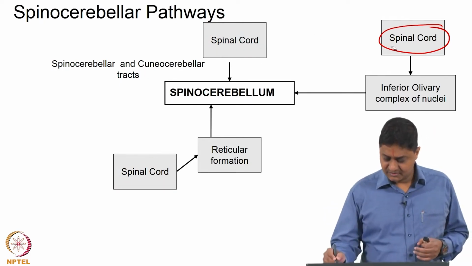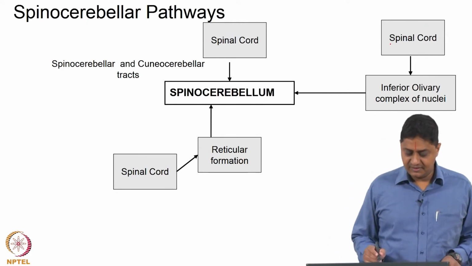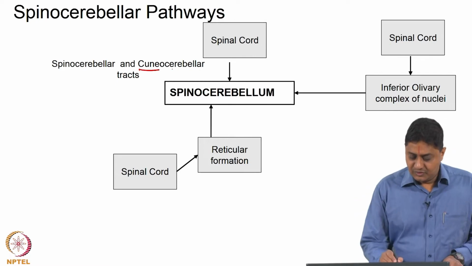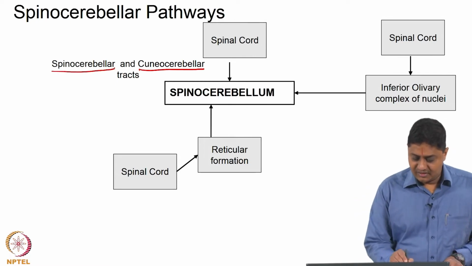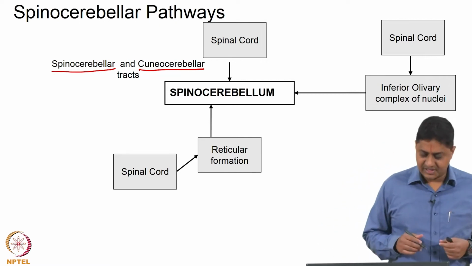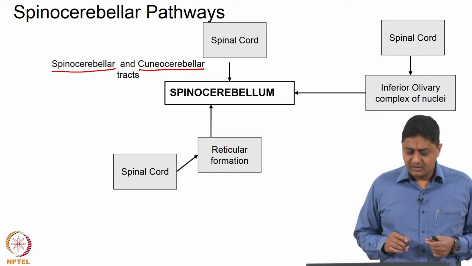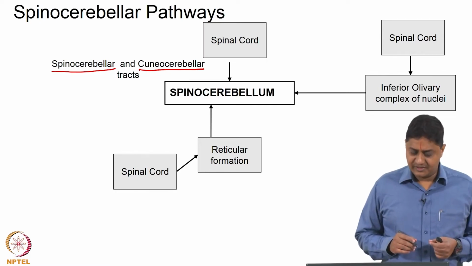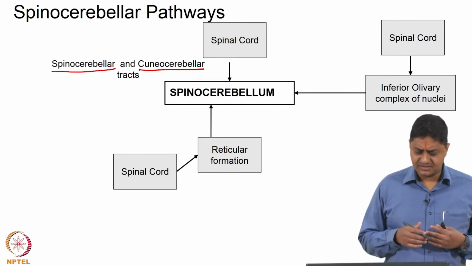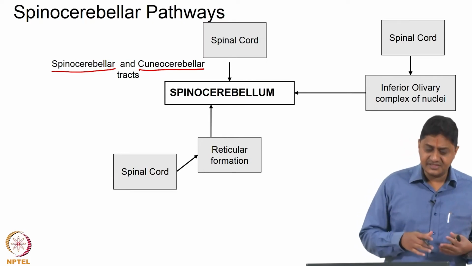One of the most important pathways is the cuneo-cerebellar and other spinocerebellar tracts. Actually, there are 2 such tracts we will discuss in the future slides. Spinocerebellar and cuneo-cerebellar tracts are also called variedly, there are other names other than these.